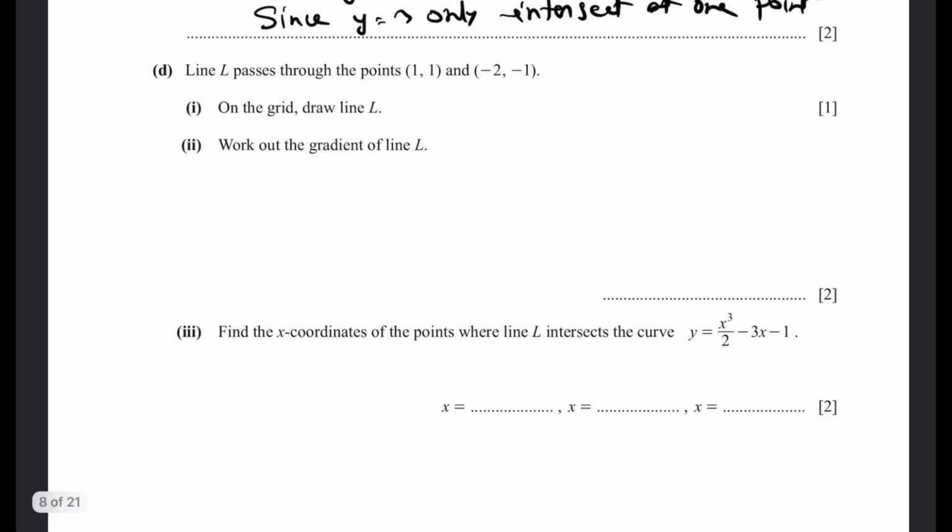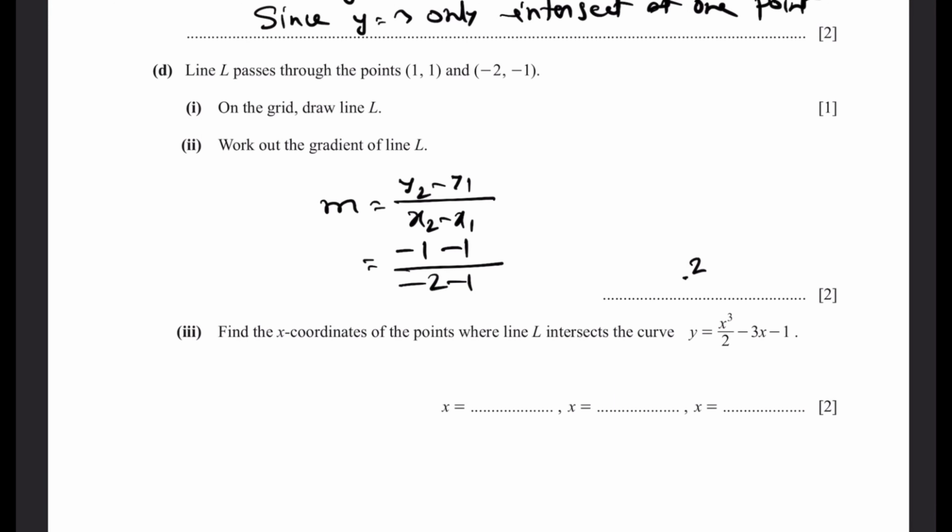That is m equals y2 minus y1 divided by x2 minus x1. That is 2 by 3.